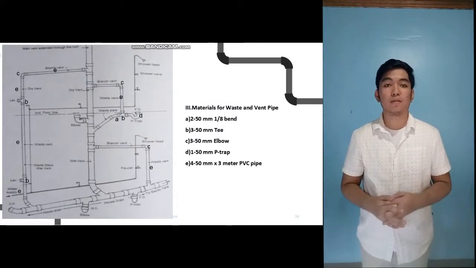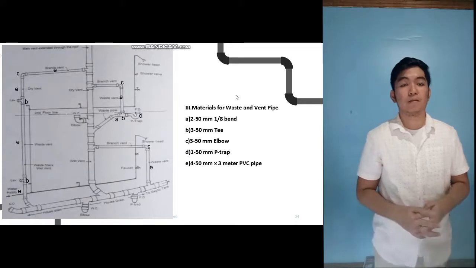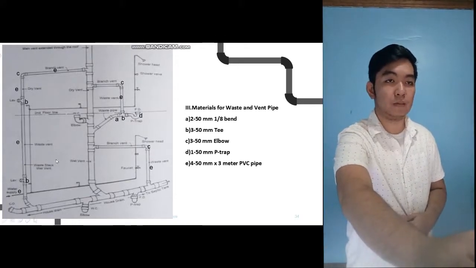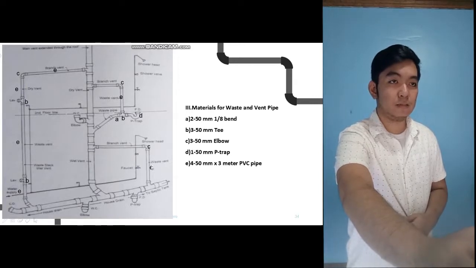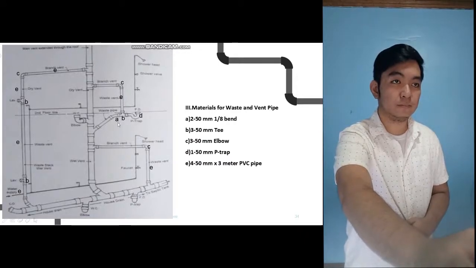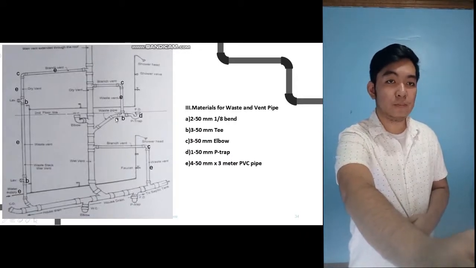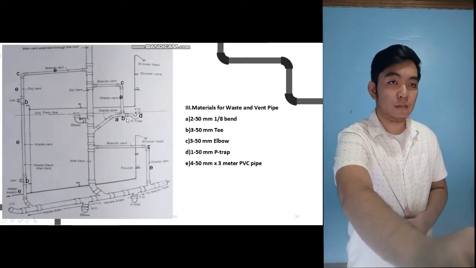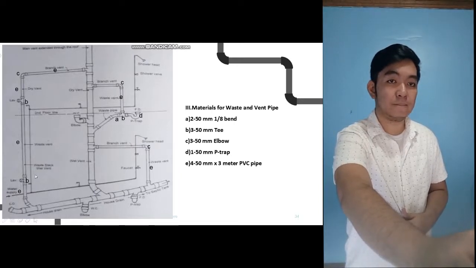Lastly is the materials for waste and vent pipe. So for A, duha ka buok na 50 mm 1/8 bend gyapon kani dire, dira A. For B, tulo ka buok na 50 mm T, kani 1 2 3 tulo ka buok siya.